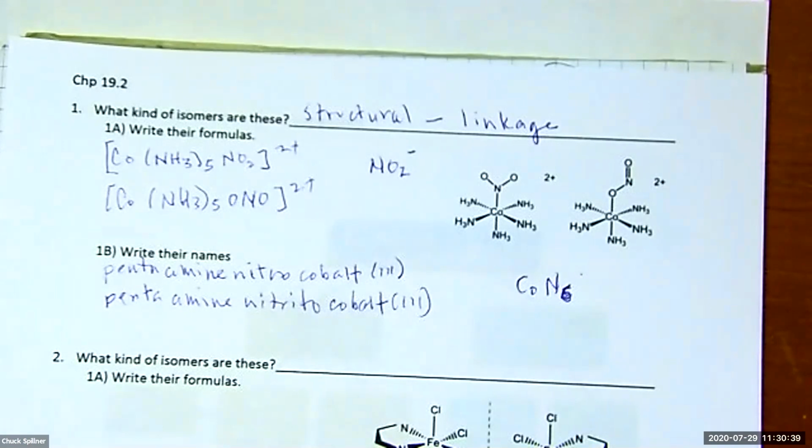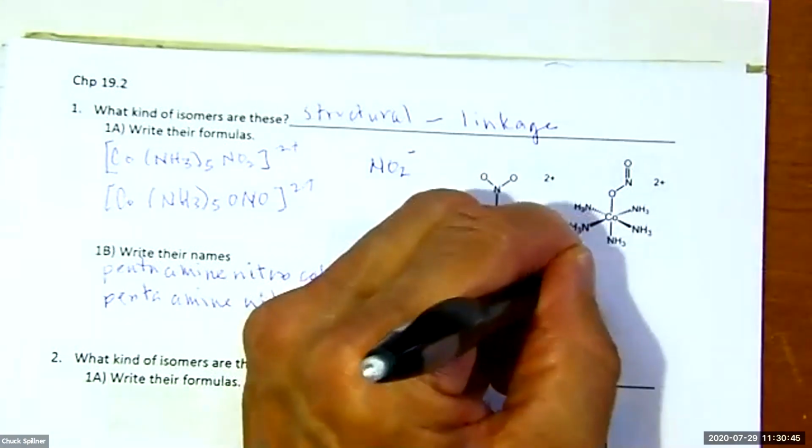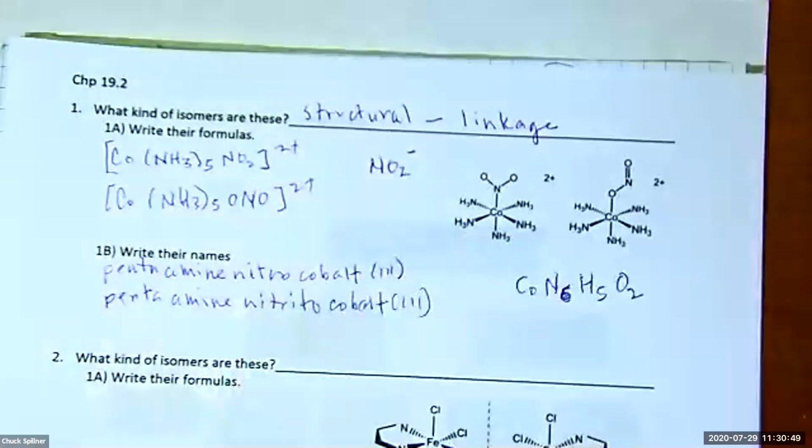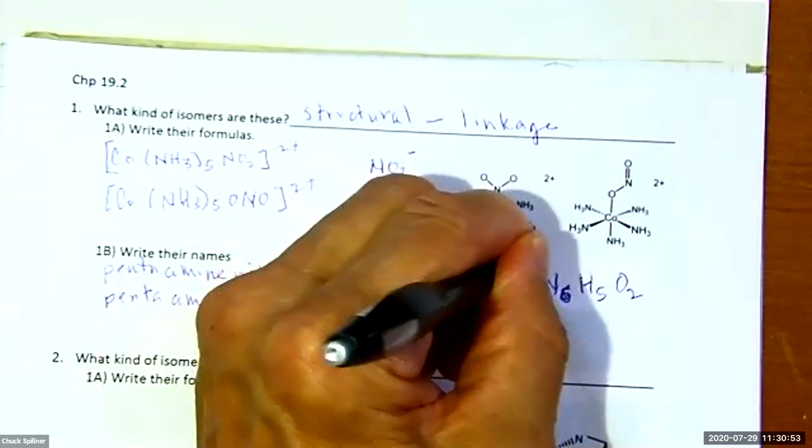So we have cobalt, 6 nitrogens, 5 hydrogens, and 2 oxygens. So that's the formula.